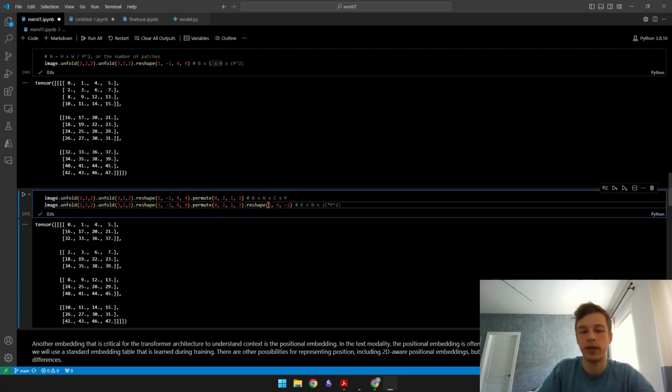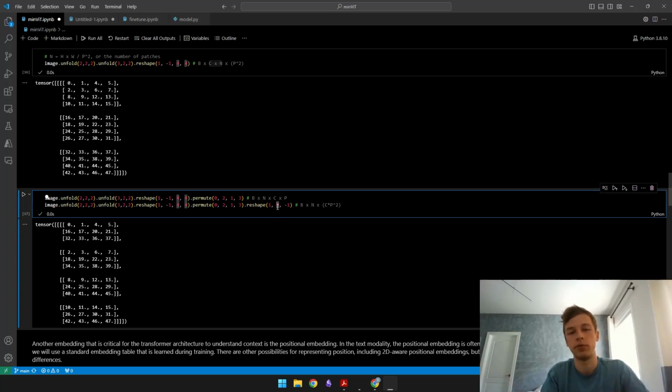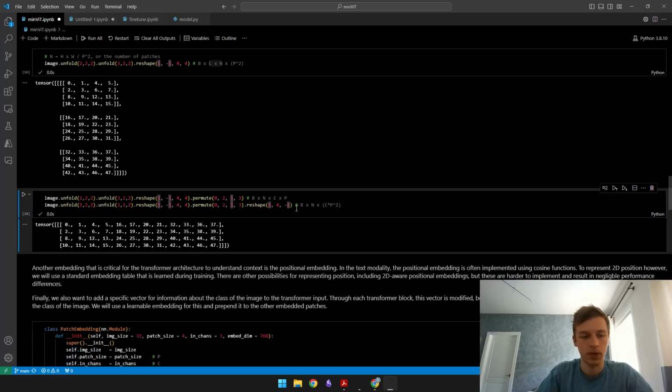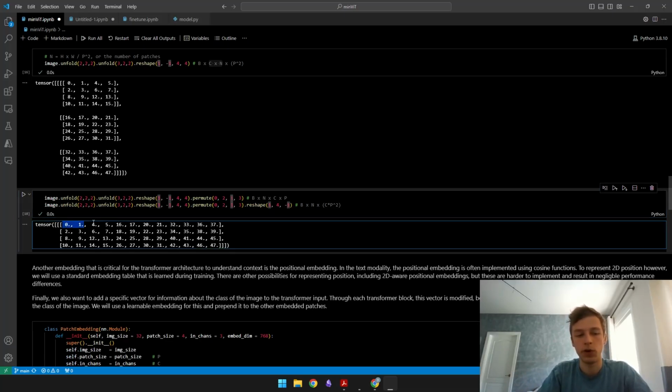The way we can do that is reshape into 1 and then 4 for the number of patches. In this case it is 4, which we know, but we would replace this with whatever we calculated. And then -1 would just be the patch size times the number of channels. And so here, this is what we want.